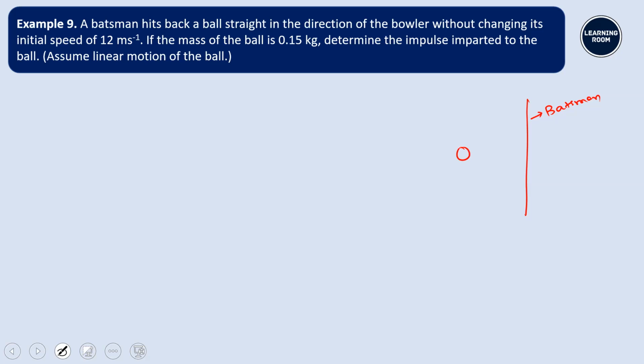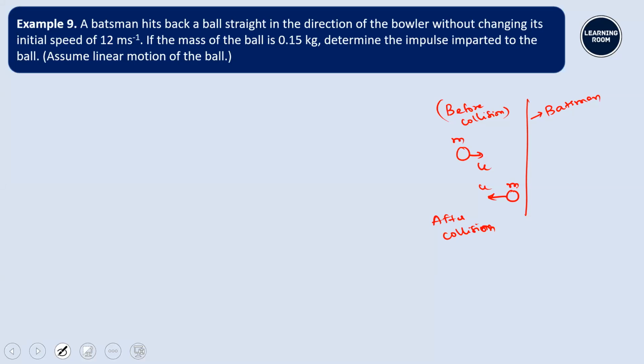So if this is the ball, let's say the mass of the ball is M, and it is approaching the batsman with speed V. So this is before collision. Then after collision, it will travel back in the opposite direction. So this is going to be M and this is U.